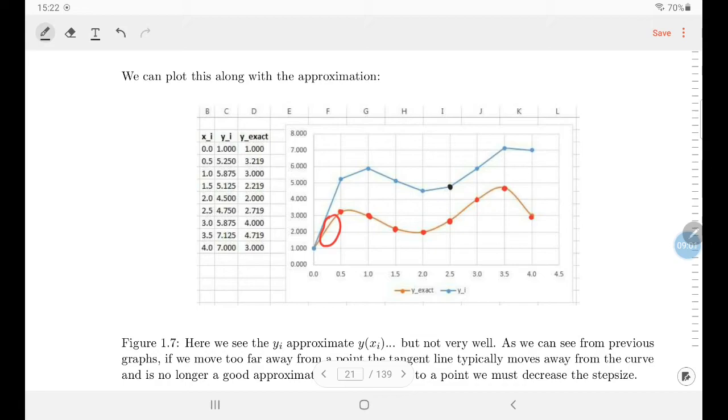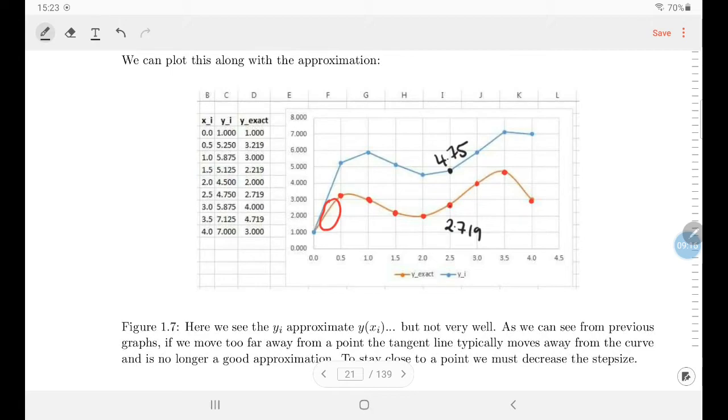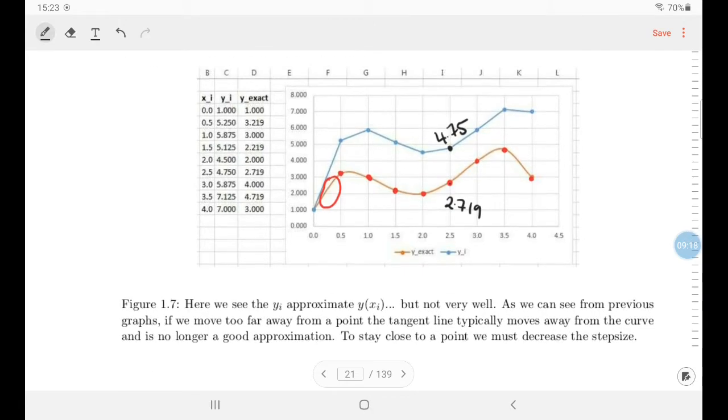I'll just write down the y value here, 4.75. Not a very good approximation to the true solution at this point, which is 2.719. Okay, so they're just the y coordinates at those points. So it approximates it. There are some similarities there, but it's not great.